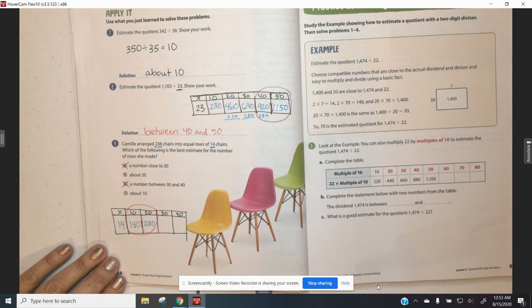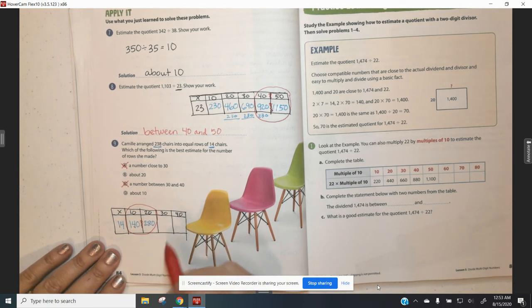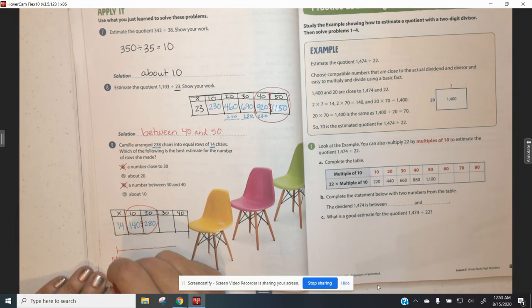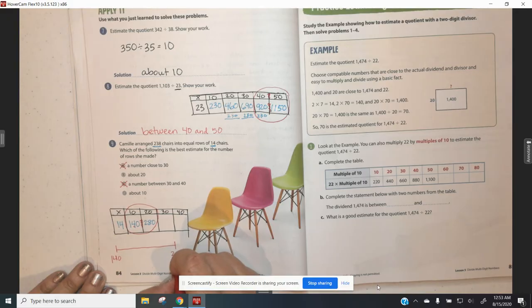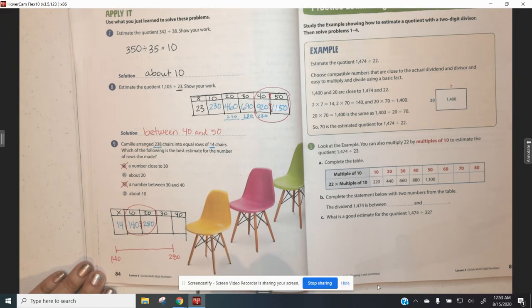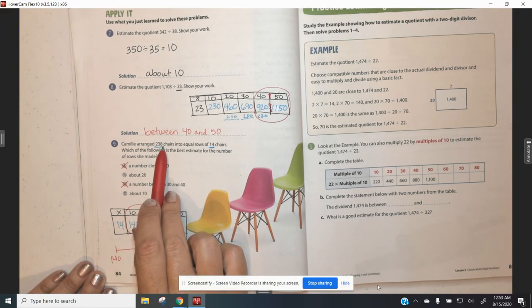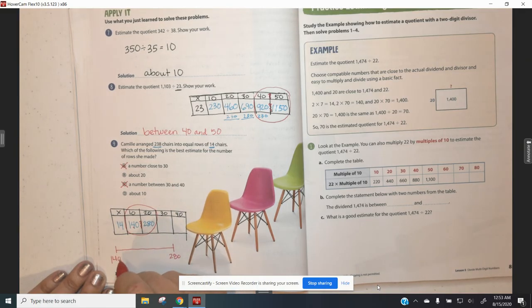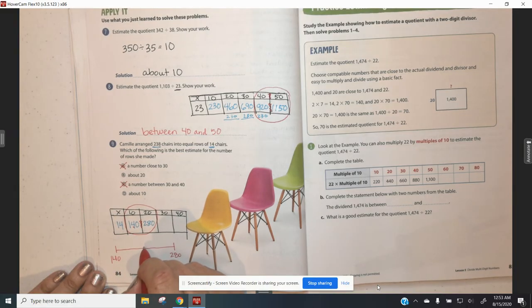This is where you have to do a little bit of thinking. So if you had a number line and you had 140 here and you had 280 here, where would 238 be on this number line? Well, I would say halfway would be about 210.